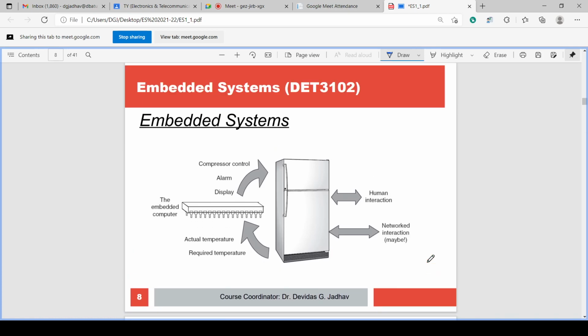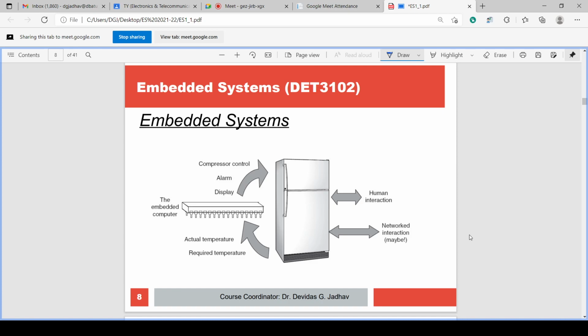One example of an embedded system is the compressor type of refrigerator. All older refrigerators are the compressor type. What is there in a compressor type refrigerator? There is a motor and a compressor that compresses some medium.